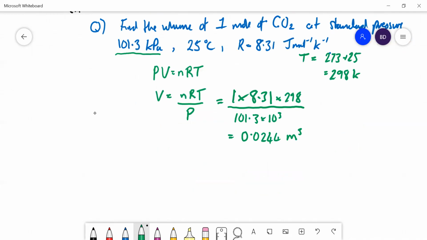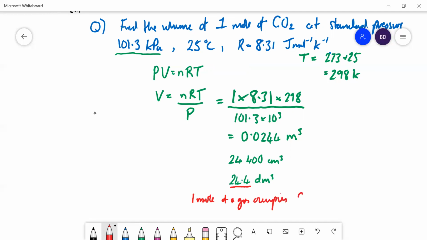Let's convert that into centimeters cubed. Okay, so we times it by 1,000,000. And that gives us in centimeters cubed 24,400 centimeters cubed, or if we do that in dm cubed, it's 24.4 dm cubed. Now I wonder if that number rings a bell. You were told at GCSE one mole of any gas occupies 24 dm cubed.